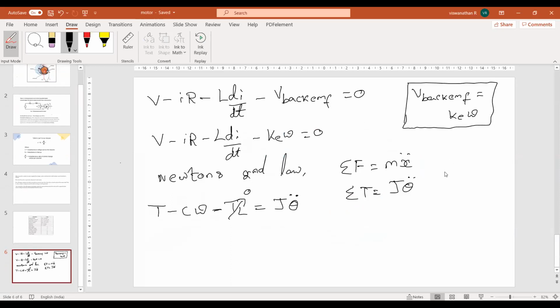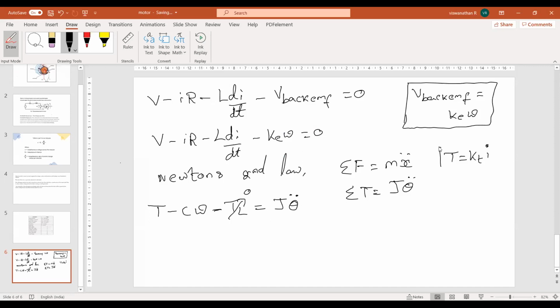Now, torque can be written as torque is equal to kT into I. Torque is proportional to the current, and kT is called the torque constant.